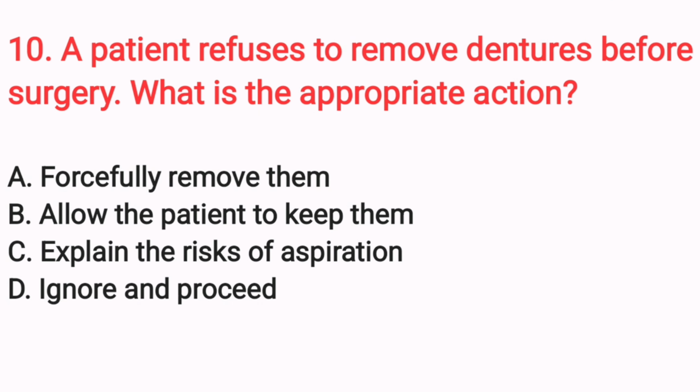Next, a patient refuses to remove the dentures before the surgery. What is the appropriate action? Option A, forcefully remove them. Option B, allow the patient to keep them. Option C, explain the risks of aspiration. Option D, ignore and proceed.